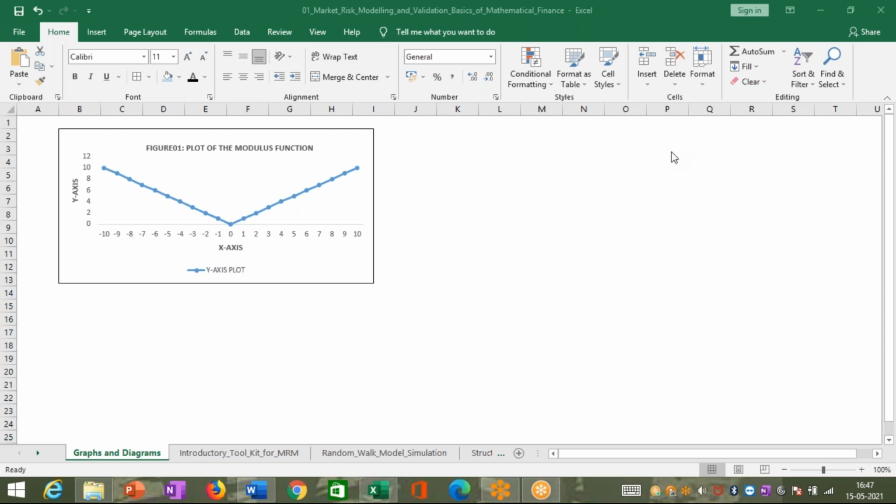Yes. So what do you think is the most striking feature of this function?